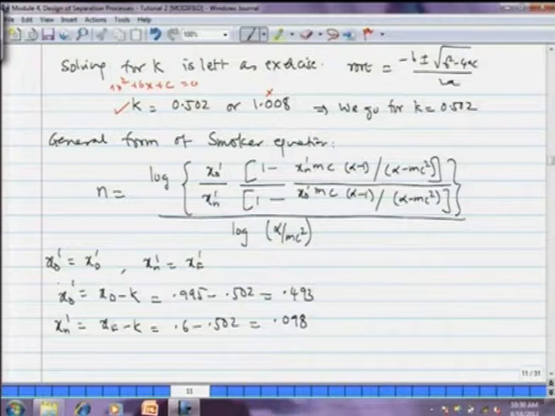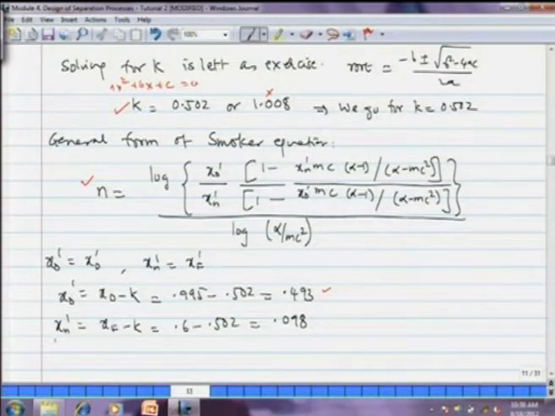Now, when we apply the general form of Smoker equation for the rectification section, x0 dash becomes xd dash, xn dash becomes xf dash, and x0 dash is essentially x0 minus k, but x0 is xd. So, we put the value 0.995 minus k, the value of k that we just derived, 0.502, and that x0 dash becomes 0.493.